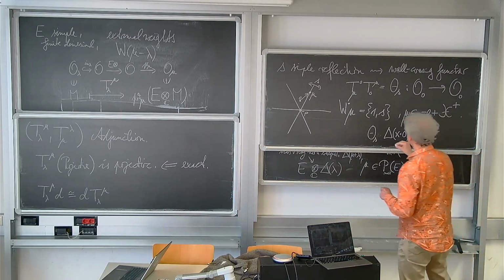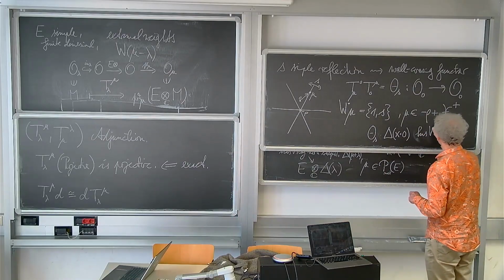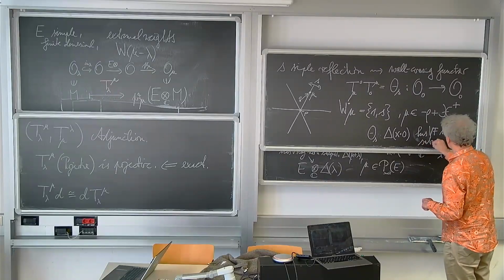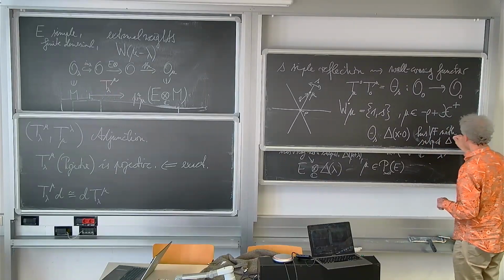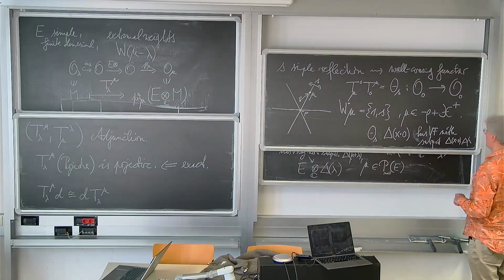Let me just write it maybe so. Okay, here's a Verma flag with subquotients delta x dot 0 and delta xs dot 0.